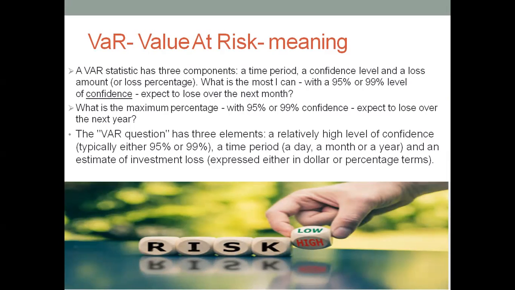There is a 5% chance that the loss may exceed 1 lakh, but with 95% confidence you are saying that the maximum loss will be up to 1 lakh, not more than that. This is the significance of that.